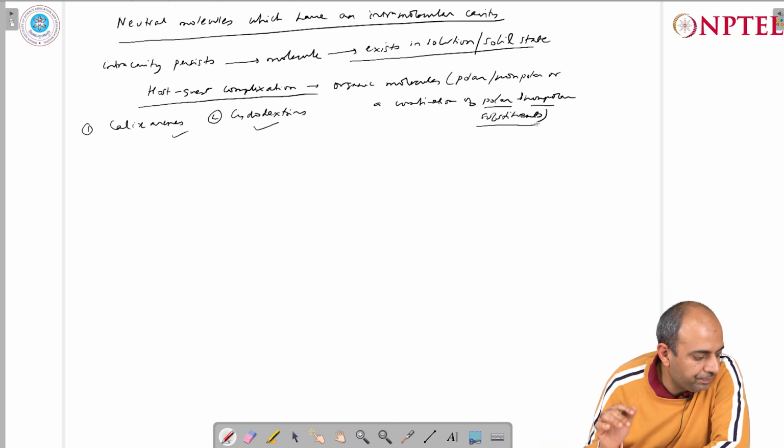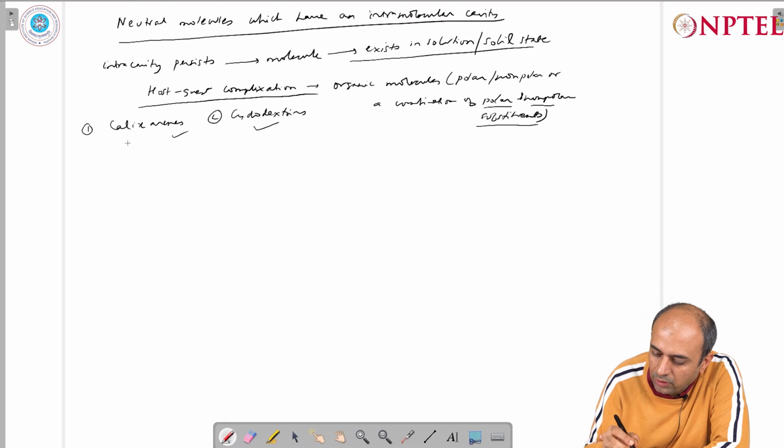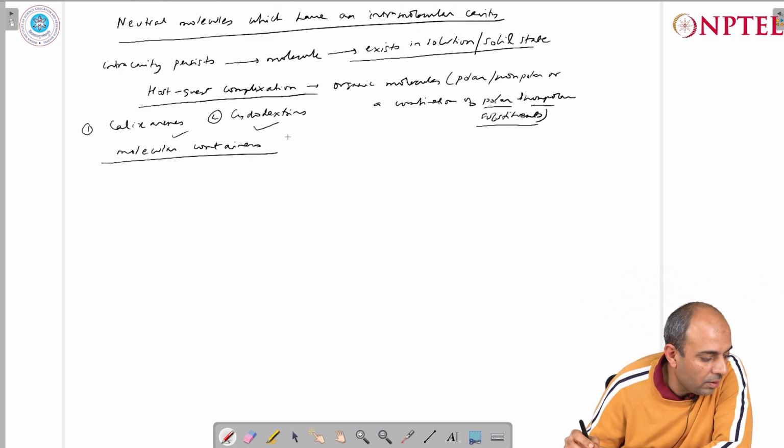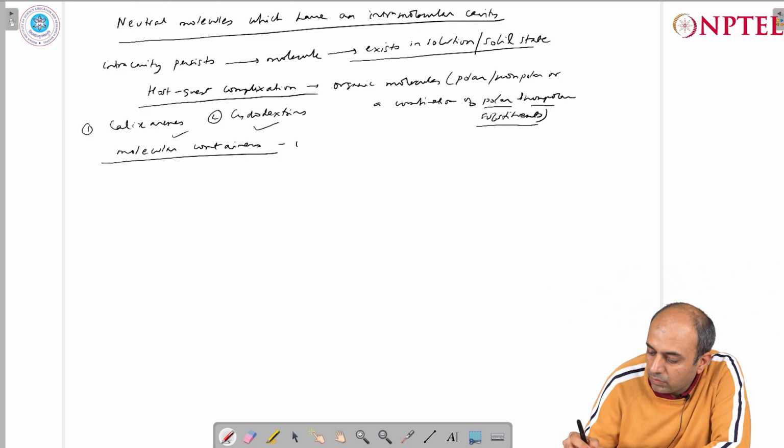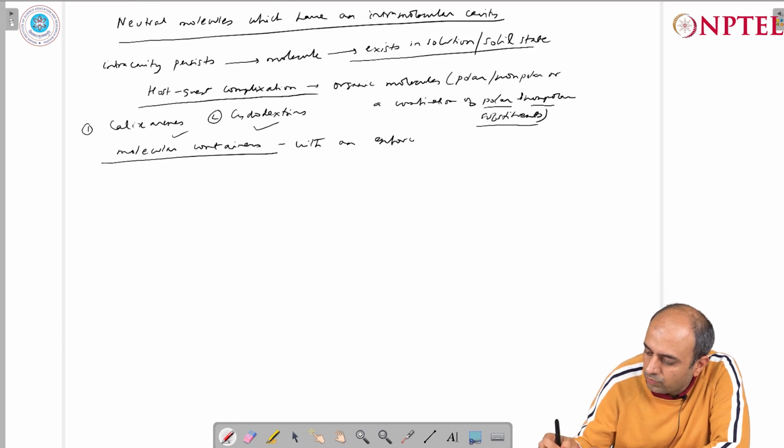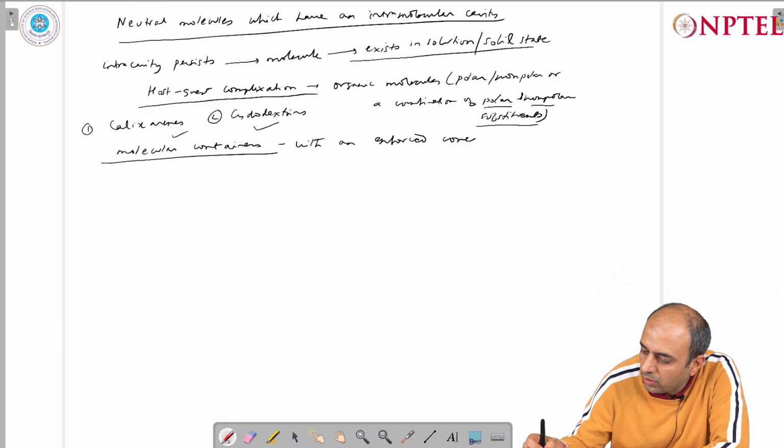present on them. And essentially these molecules are also referred to as molecular containers with an enforced concave surface.